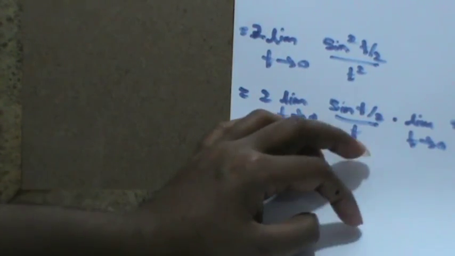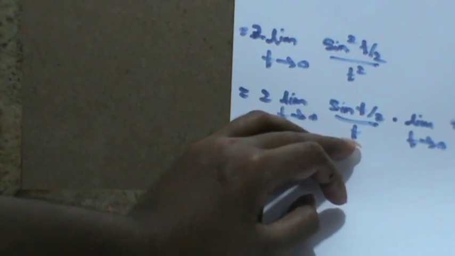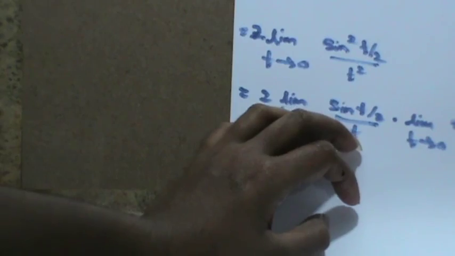Now you know when t goes to 0, t by 2 also goes to 0. So in order to apply this equation, you have to have t by 2 here. So what I'll do is I'll divide by 2 and multiply by 2. So my final answer will be the limit, t by 2 goes to 0, sine t by 2 divided by t by 2 multiplied by half, times the limit when t by 2 goes to 0, sine t by 2 divided by t by 2 times half.